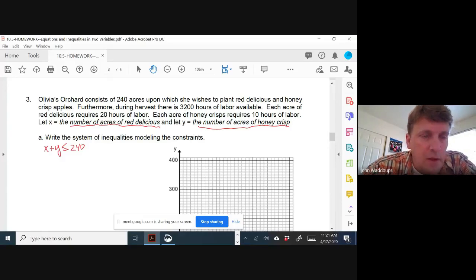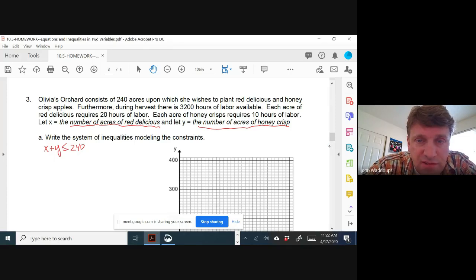So that's a little better. So the total number of acres, x plus y, that she plants, the Red Delicious and Honeycrisp, has to be less than or equal to 240. It can't be more than that. Okay.